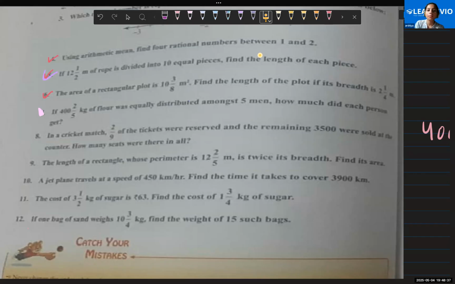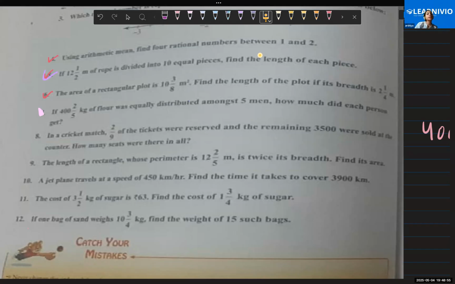We have to find the cost of 1 3 by 4. So first... I don't know what to do. Okay, I thought you got stuck and that's why you stopped speaking.